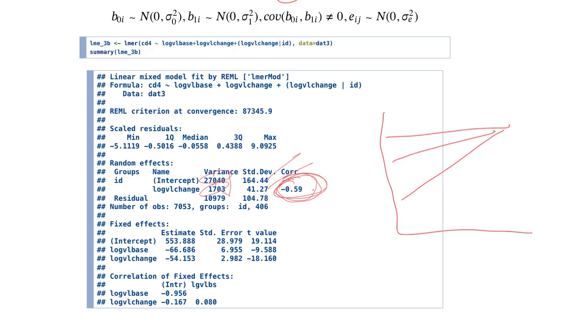So in order to simulate it for a new population, I would generate a B0i and B2i for, let's say, 1,000 people from a multivariate normal with these variances and a covariance defined by this and the two variances. So now I'd have a different slope and intercept for every person.